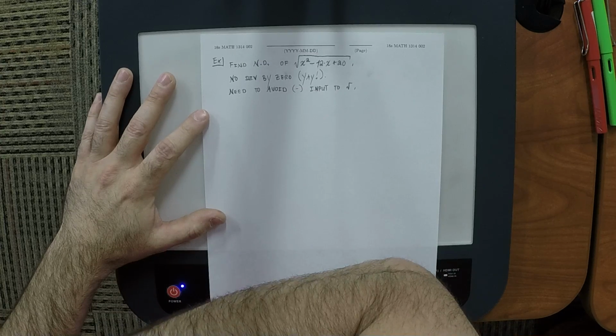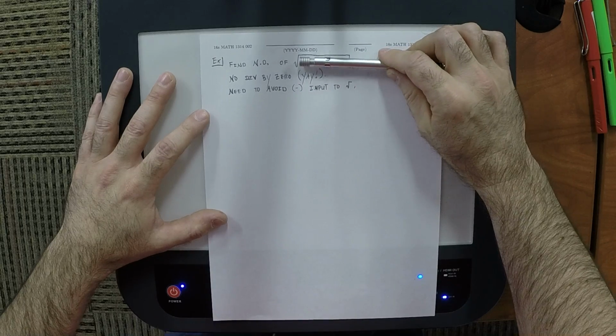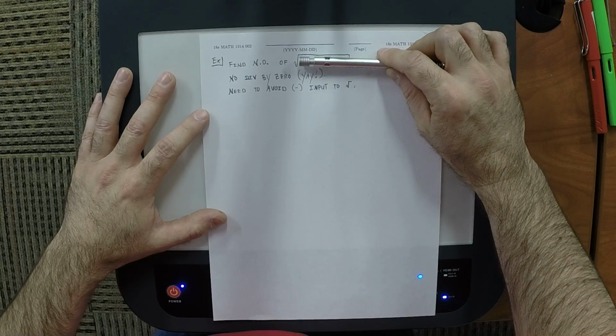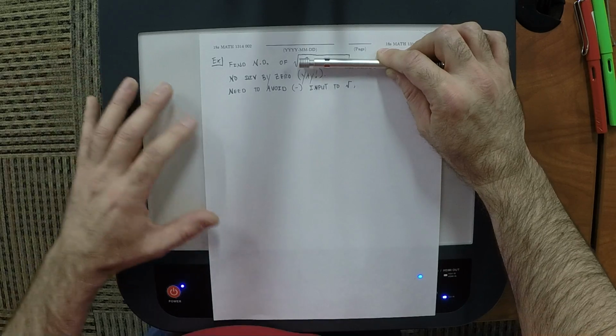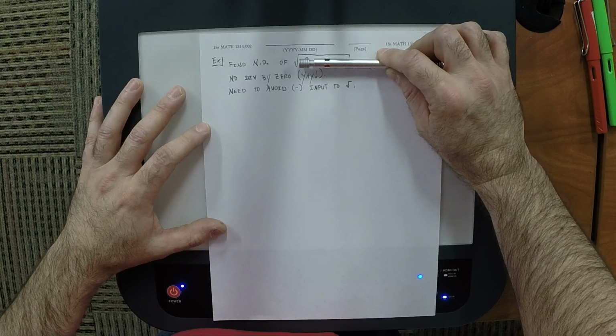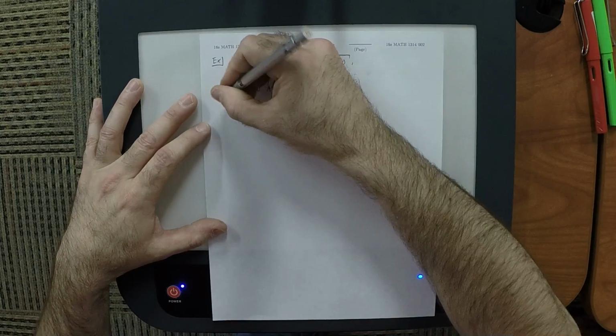Well, we're putting the thing inside the radical. What's the math name for a thing that you put in the other thing? Argument, right? So we want the argument to be what? Greater than or equal to 0.